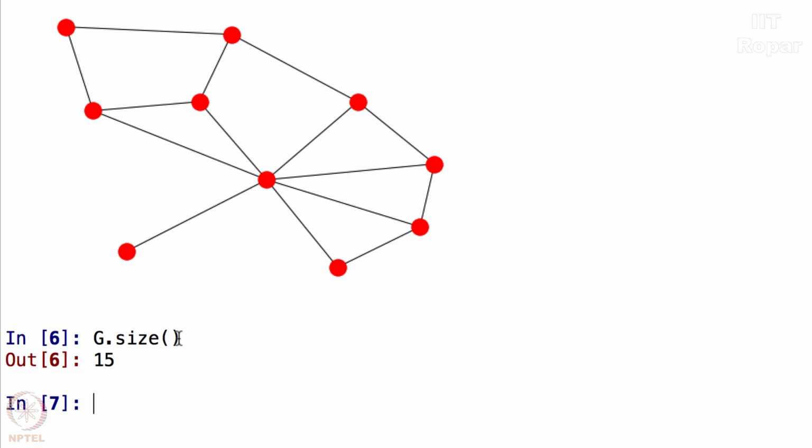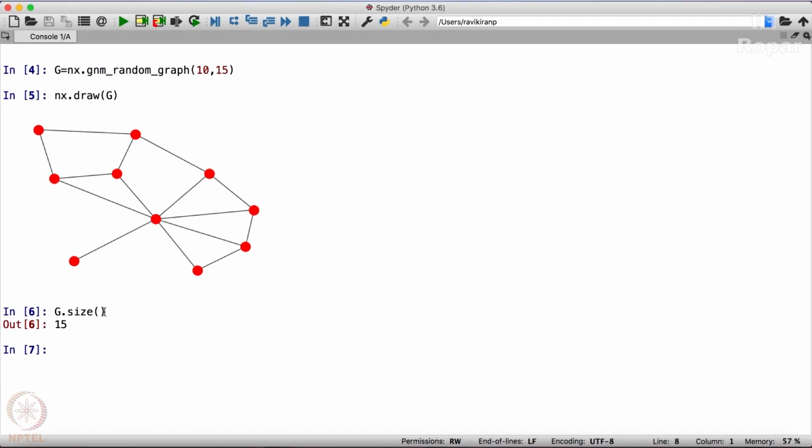Now, we have seen how to create a random graph by specifying the number of vertices and the number of edges. Now, here comes another cute aspect of the graph theory. I can generate a random graph using the parameter probability. How do I do that? Instead of number of edges, I specify the probability of an edge between two nodes.